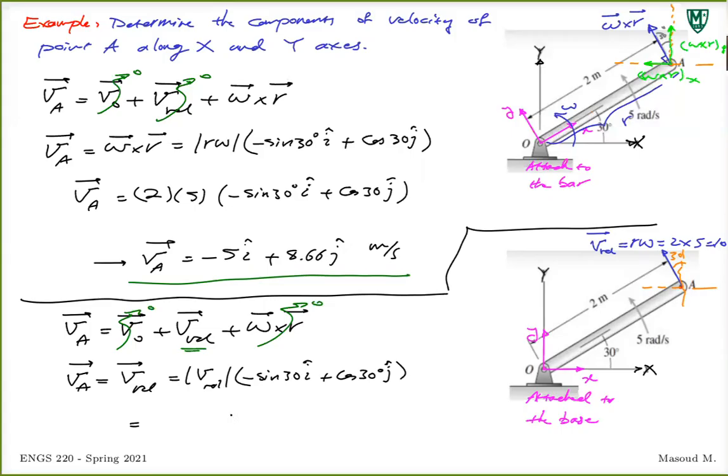This becomes 2 times 5 is 10 times minus sine 30 degrees I plus cosine 30 degrees J, and that'll give you the same: minus 5I plus 8.66 J meter per second.